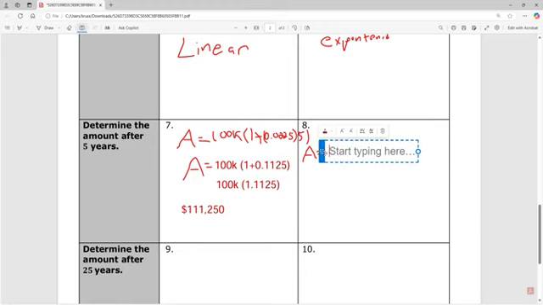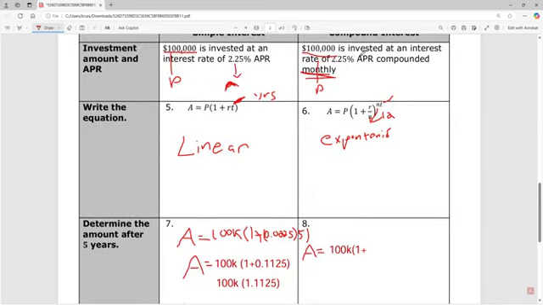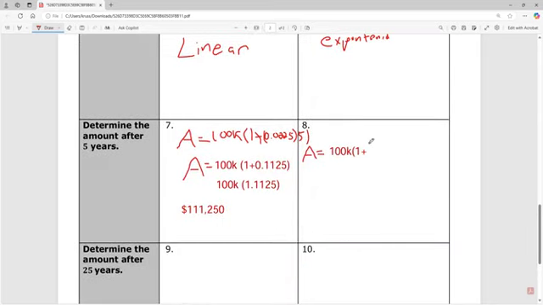Okay, my initial principal of 100K times 1 plus, now this is where it gets a little bit dicey. 1 plus my interest rate in decimal form, 0.0225, divided by the number of months, because it's compounded monthly. Right, so it's an annual percentage compounded each month.